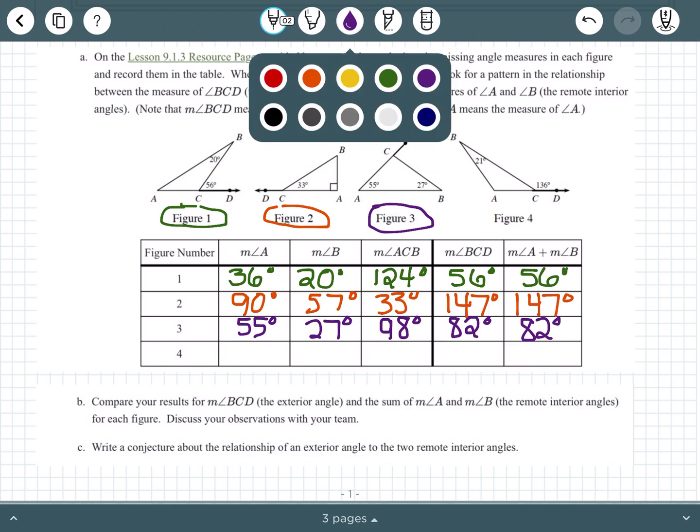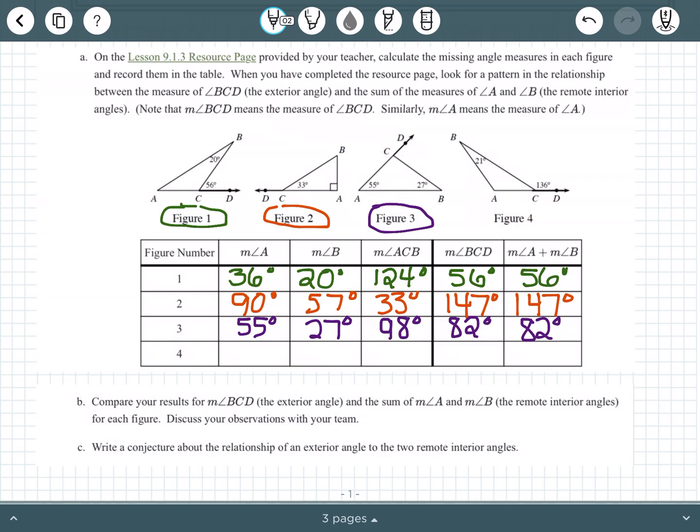All right, and lastly, let's have a look at figure 4. So the measure of angle A is not given, and neither is the measure of angle ACB. But we have this exterior angle right here, which is 136 degrees.